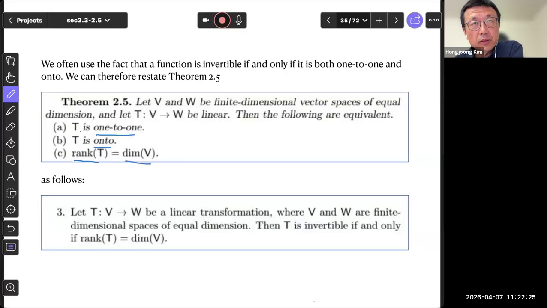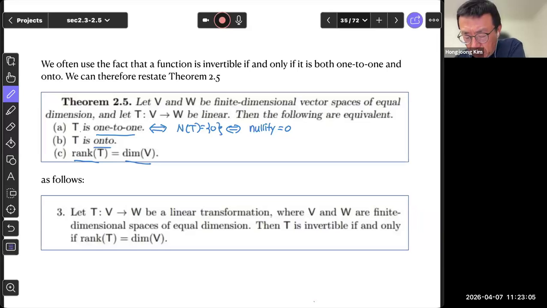These are equivalent, right? Because T is 1 to 1, that means the kernel or the null space of T consists of only the 0 vector, so that the nullity, the dimension of the null space, will be 0.